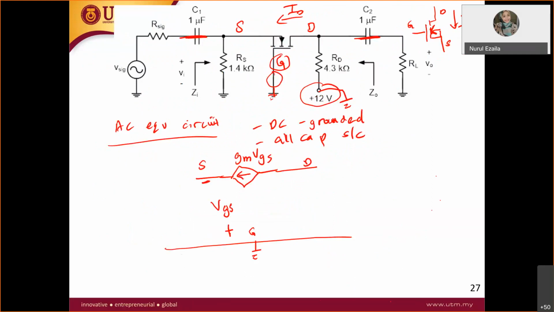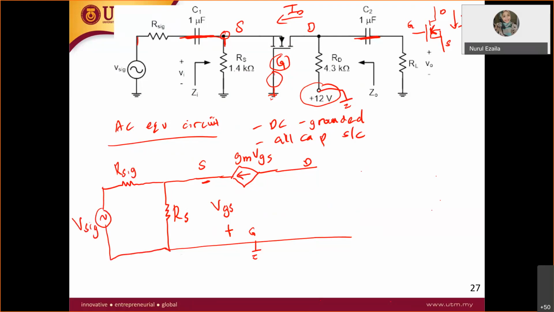Now is to put all the components. At the source over here you have RS to the ground, and this C1 is short circuit to the R signal and to the VS, the V signal.